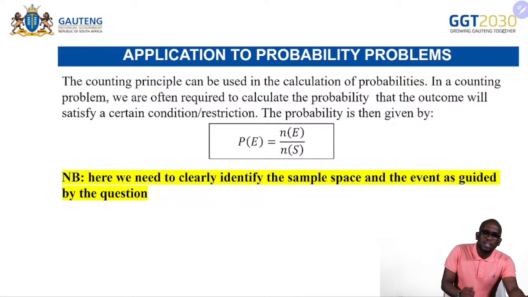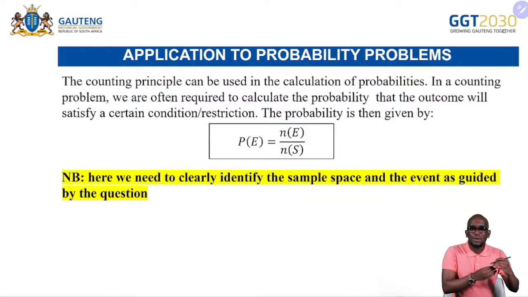Right. The counting principle can also be applied to probability problems. Because of time constraints, I'm only going to do one example with you where we apply the counting principle to probability problems. Everything that we've done thus far talked about sample spaces and events as isolated concepts.